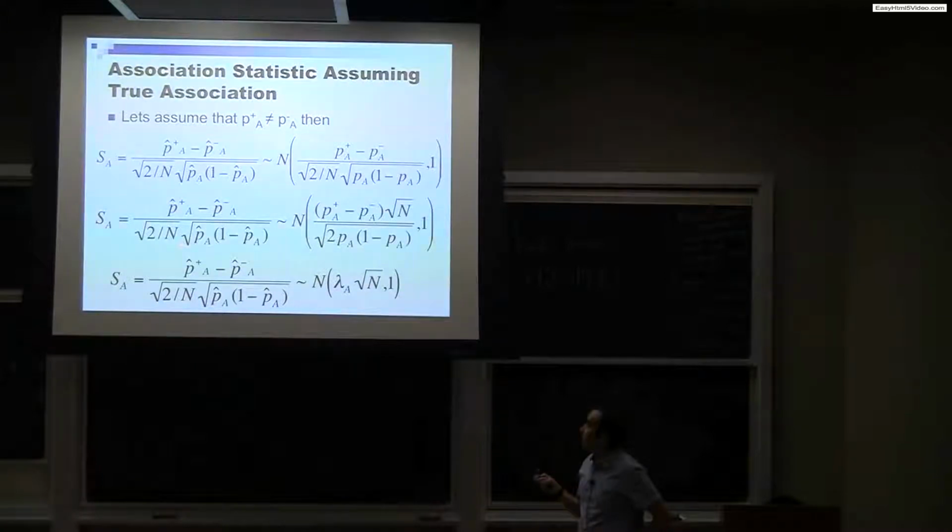If I factor it out, I raise the square root of 2 divided by n up to here, and then I take this whole thing and call all of it lambda a, so this is all lambda a squared of n. Why do I separate this out? This part depends on the disease.